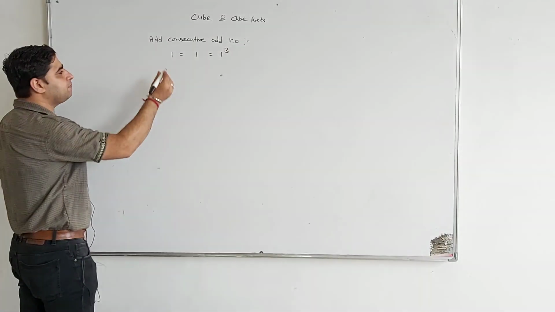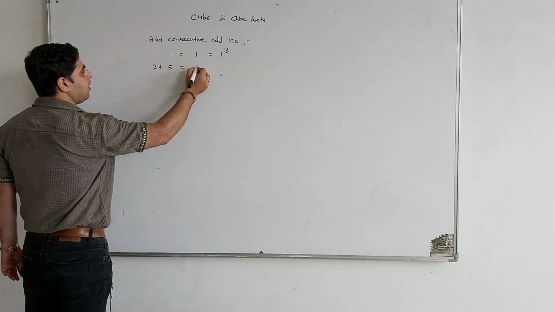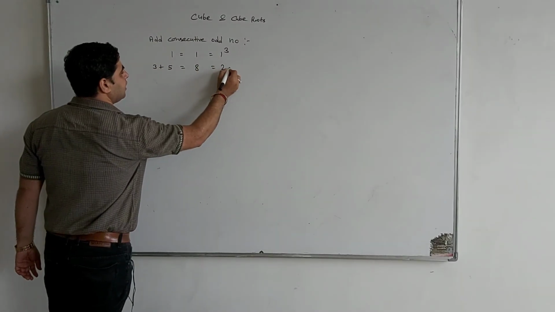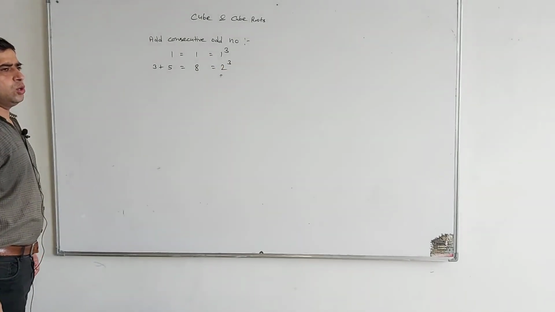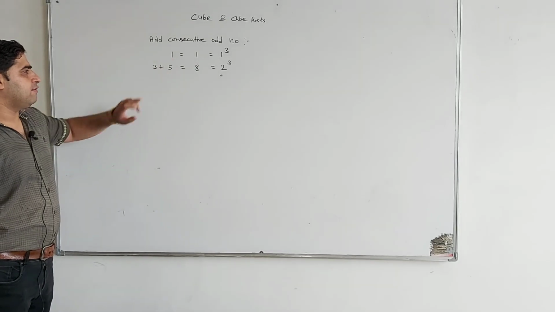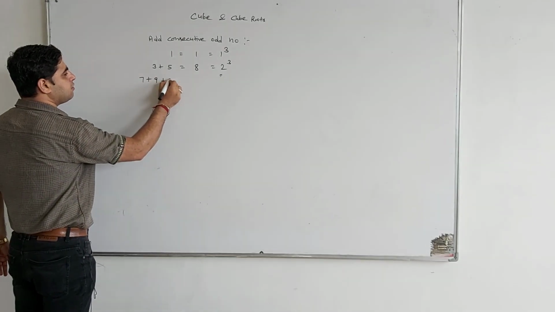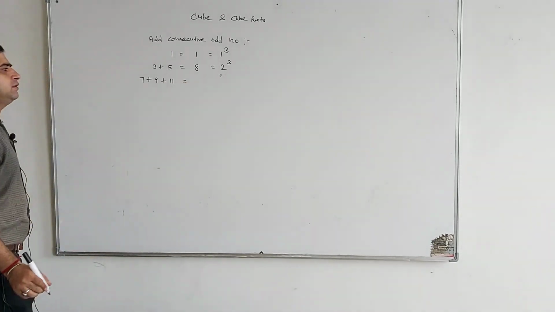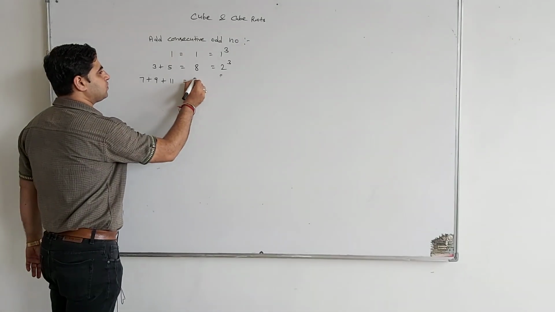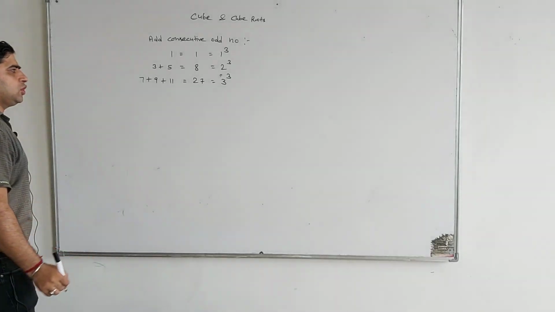Same here, 3 plus 5 is 8, so the pattern forms 2 cube. Next will be 7 plus 9 plus 11. That becomes 27, which is 3 cube.